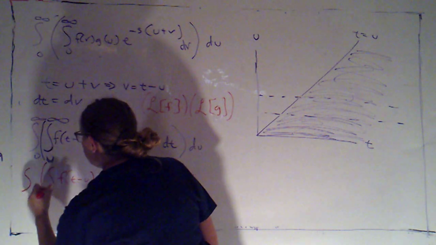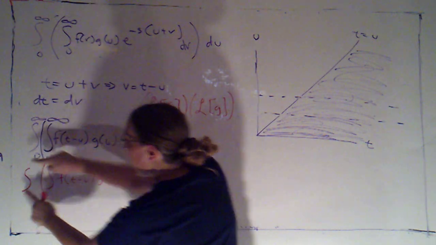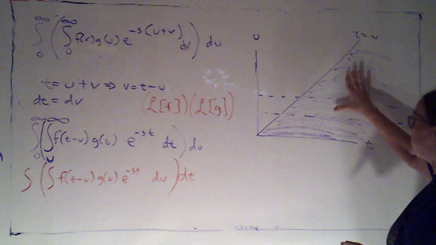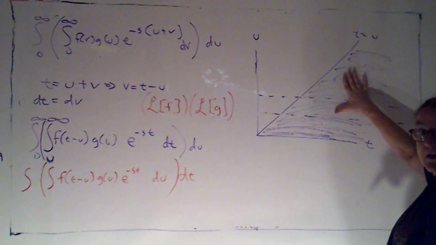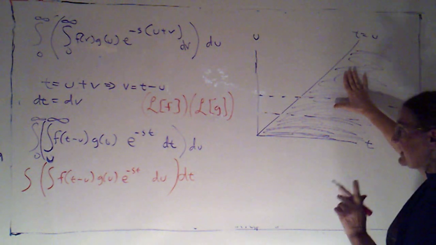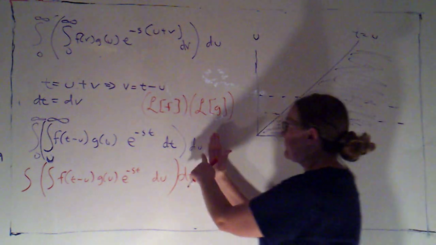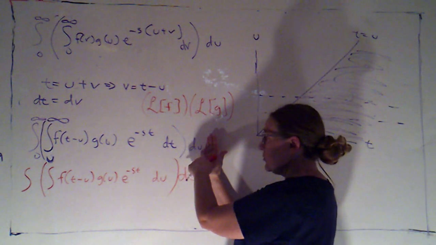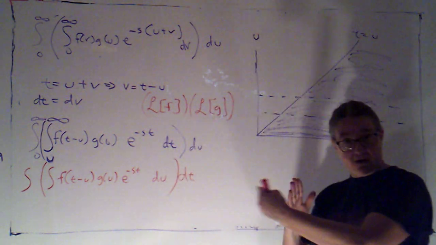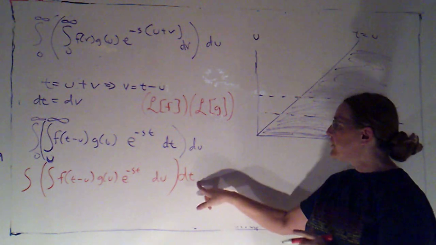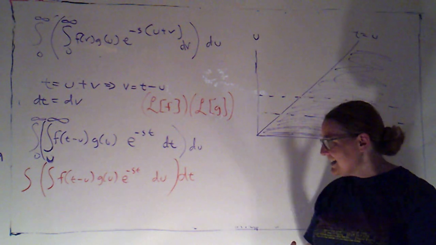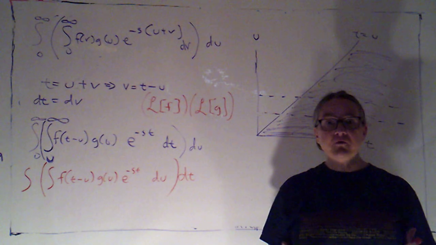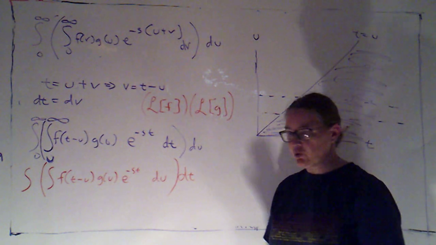If we do that, we're going to have to figure out what the limits of integration are that still describe this same region. The idea is now, instead of for each fixed value of u figuring out what t varies from and to, for each fixed value of t, we have to figure out what u varies from and to.